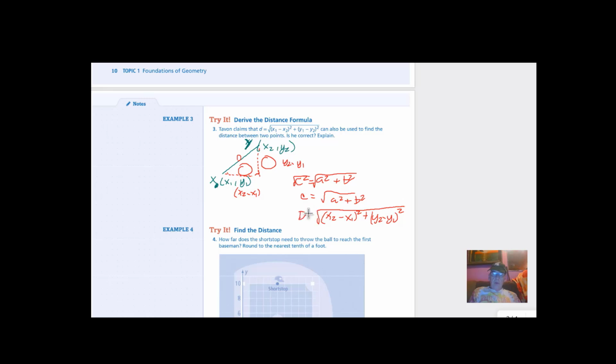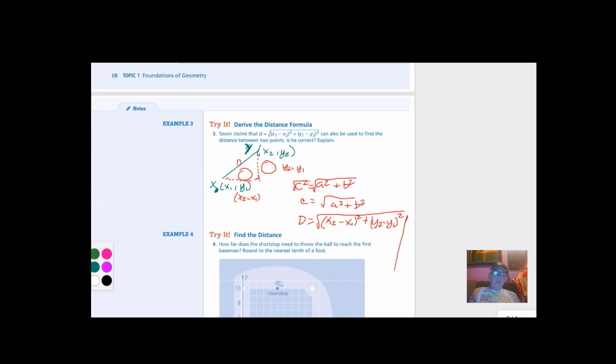So we can demonstrate with two general points that the distance formula is the difference of the x's squared of your 2 points added to the difference of the y's squared, and you're going to end up taking the square root of that. So yes, the distance formula can be used to find the distance between 2 points. It's the same thing. Okay, let's look at the next one.